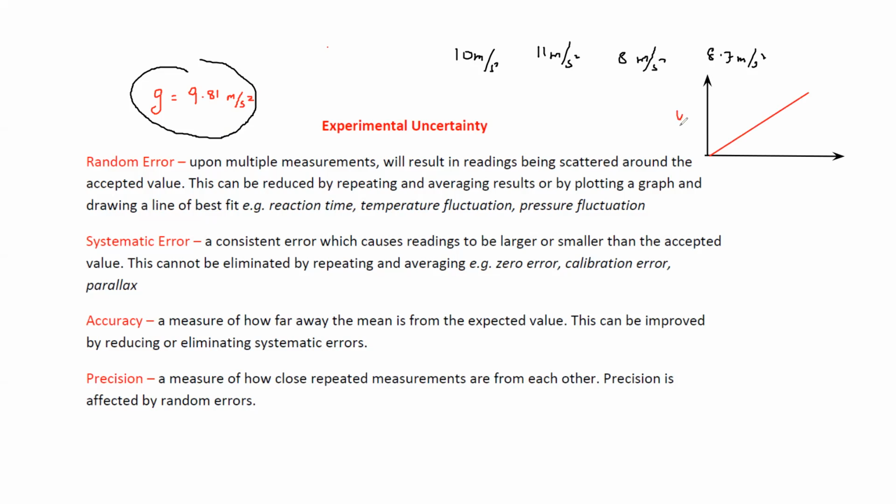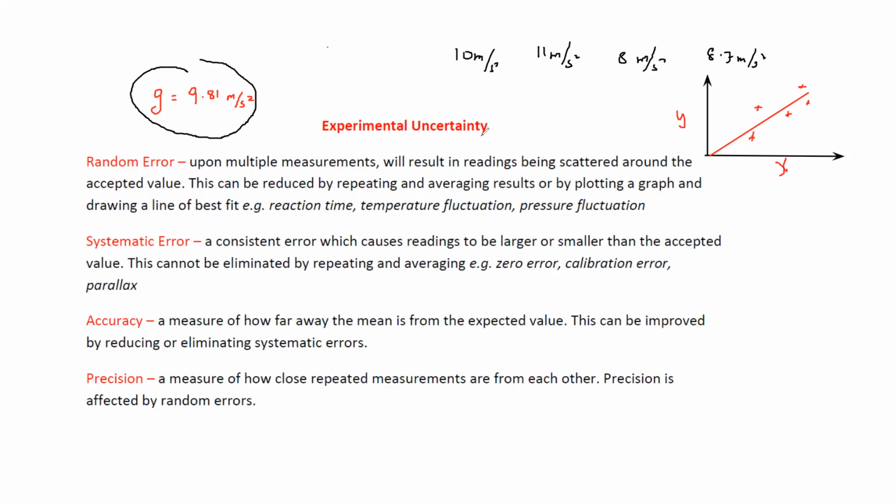On the y-axis you have one quantity, on the x-axis another. And what about your readings? Your readings are scattered around the line. This shows that our result has a random error, because sometimes the value we get is higher than the actual value, and sometimes it is lower.